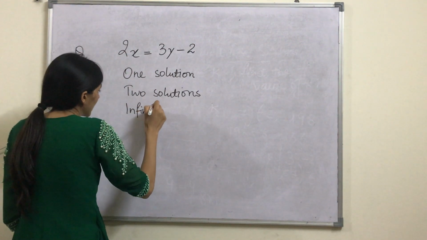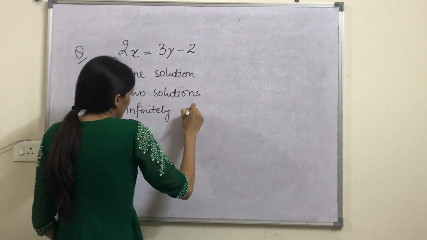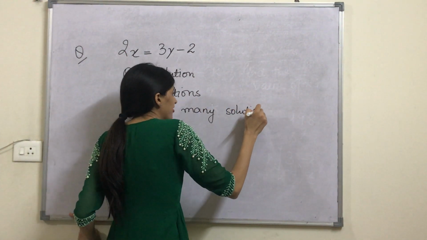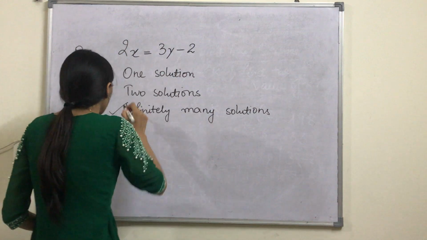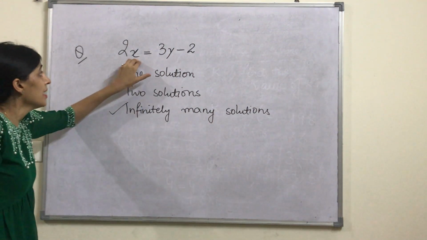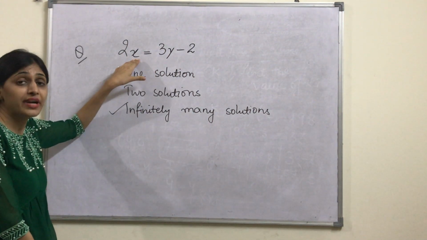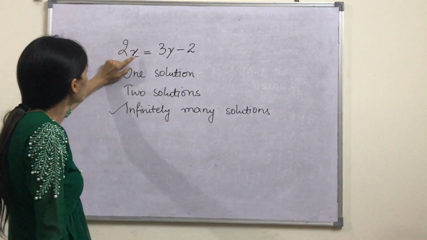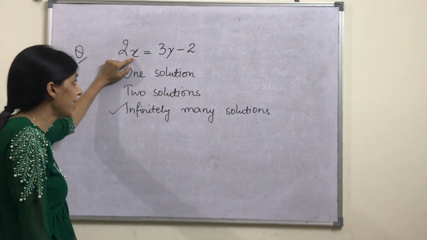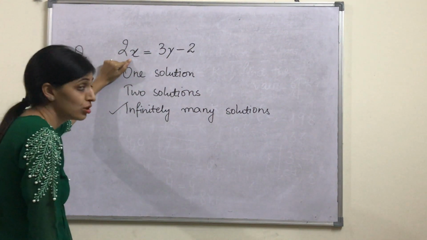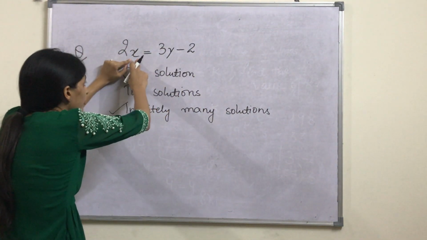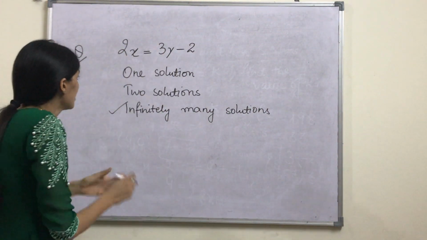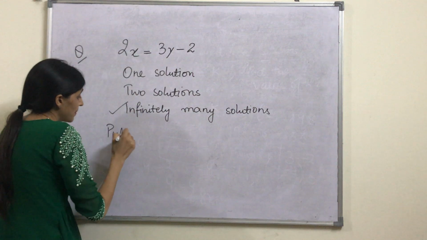So what will be the answer? The answer will be infinitely many solutions, because there are different solutions whenever we solve an equation. Suppose you put the value of x as 1, it will be 2, 2 plus 2, 4, 4 by 3 will be the answer for y. Let me explain.